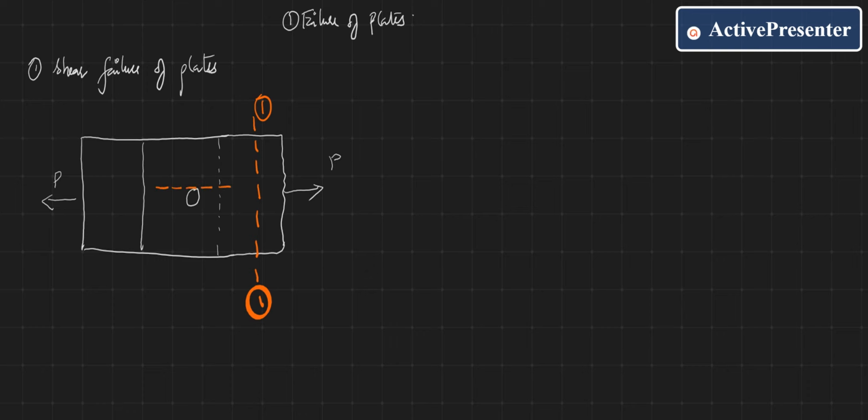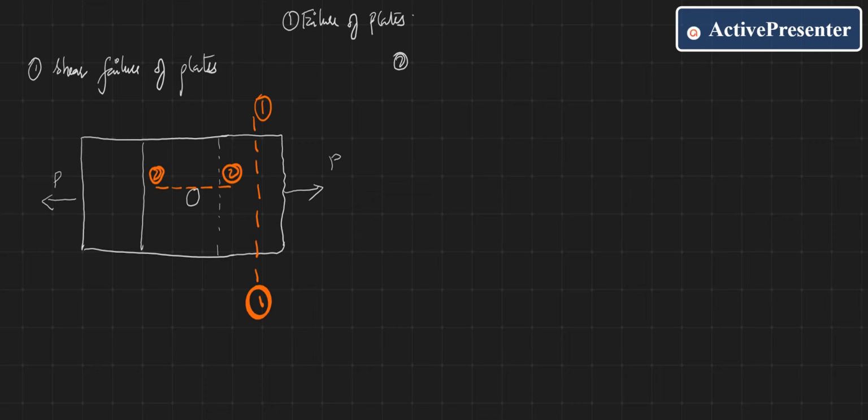At section 1-1, cracks are developed due to tensile stress, and at section 2-2 the failure or the cracks are developed due to shear stress. Such a failure that occurs in the plate is called shear failure of plate.